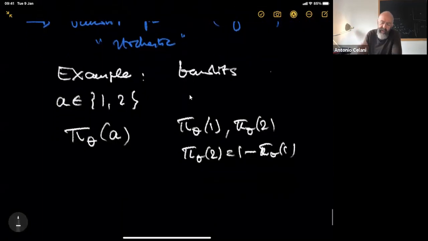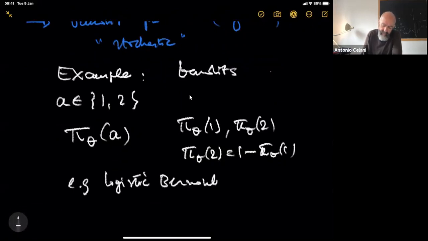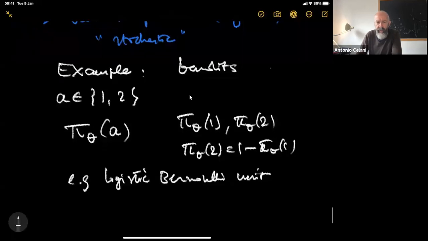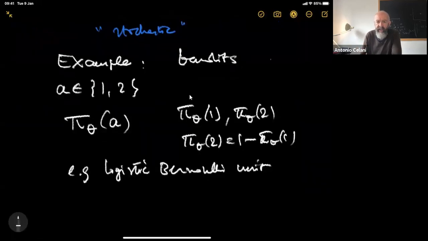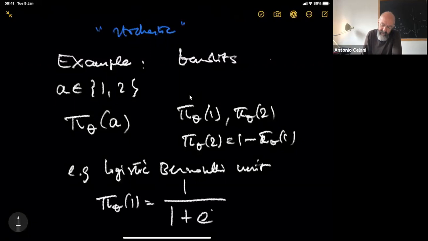And for instance, I could use a logistic, what is called the logistic Bernoulli unit. If you want to think about it, you could think about this as a single artificial neuron. So you could define pi theta of 1 as 1 over 1 plus exponential of minus theta.